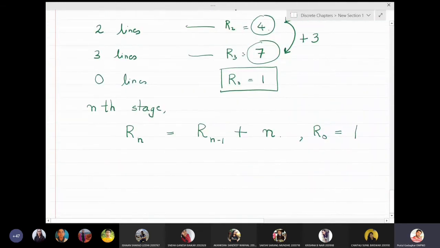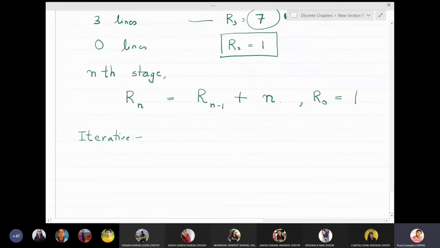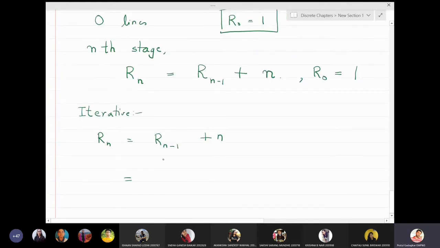Now we are going to solve this recurrence relation by using the iterative method. So I will write down the recurrence relation again: Rn is equal to Rn minus 1 plus n. Now I will substitute for Rn minus 1.